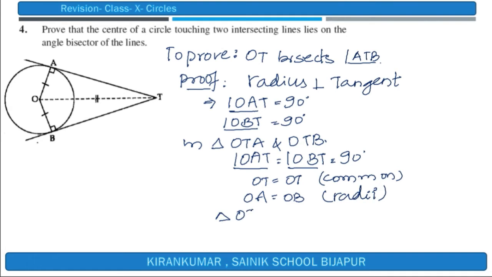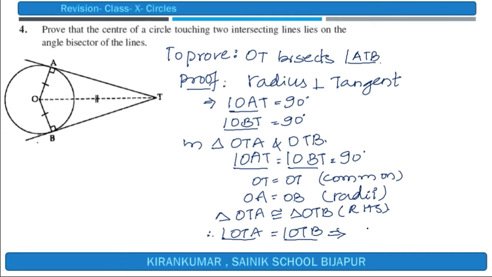Therefore triangle OTA is congruent to triangle OTB by RHS criteria. Therefore angle OTA equals angle OTB. This implies that OT bisects angle ATB, hence proved.